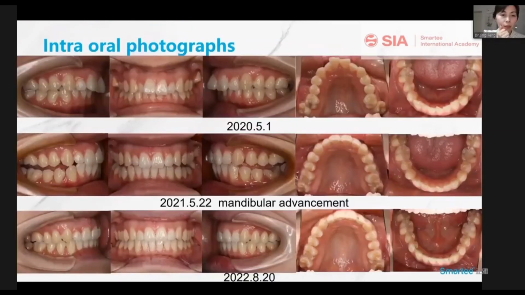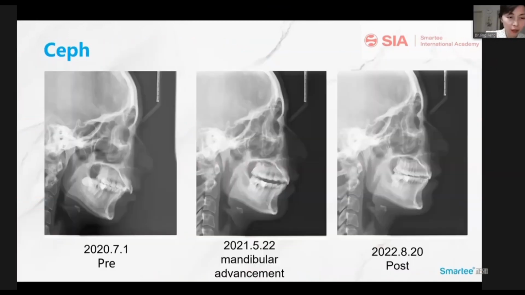Yes, I can see the procedure. The patient was very happy with these results. And after the mandible advancement and at the end of the treatment, the big difference can be told.